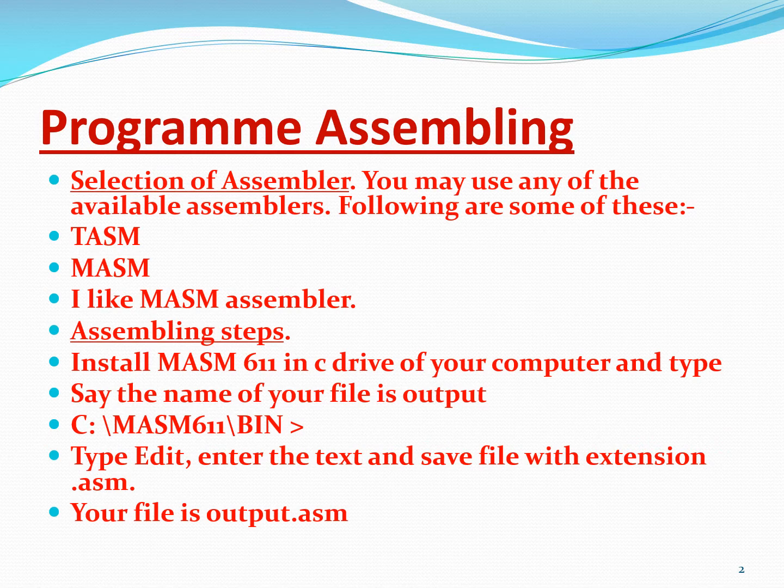Say, for example, in our case it is output. So C:\MASM611\bin, and then you type edit and enter the text, and you save the file with extension .asm. So your file is output.asm.